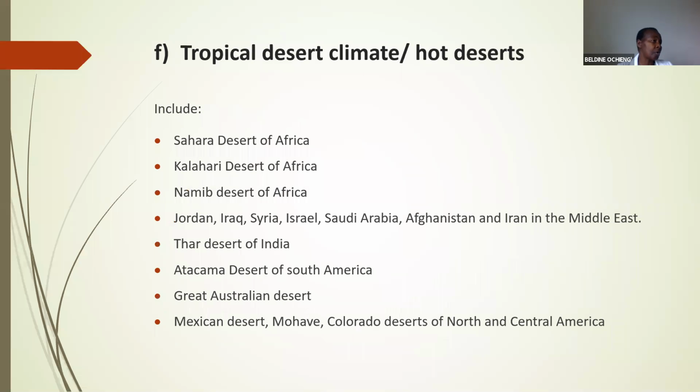Tropical desert climate or hot deserts. The regions were shaded. They are now mentioned here. Sahara Desert, Kalahari, Namib, those ones in Africa, those ones we are okay with totally. Jordan, Iraq, Syria, Israel, we have Saudi Arabia, Afghanistan, and Iran in the Middle East.